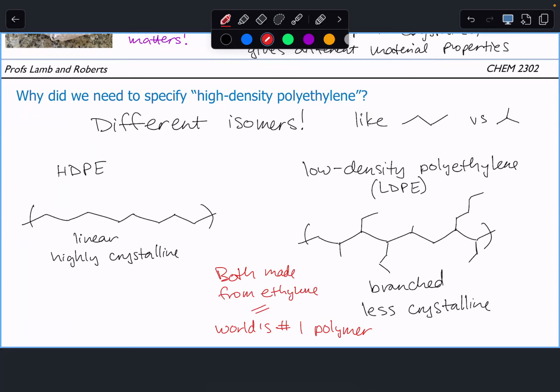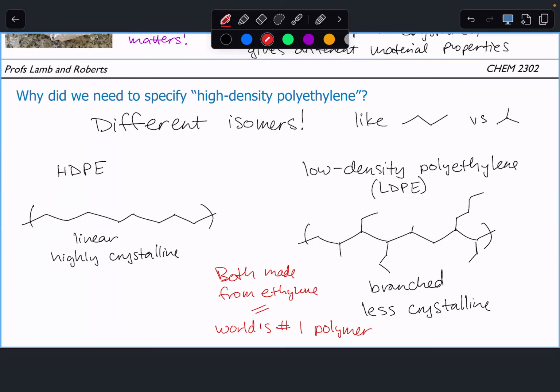Polyethylene in general has been used a lot for a lot of different things because it's incredibly useful, and you can make such different materials from it. There are some problems with that, which we'll get into in a bit, but it is incredibly useful. Ethylene is a very cheap monomer, and so you can do a lot of things with it. Okay, so that's isomers. You can have isomers in polymers.